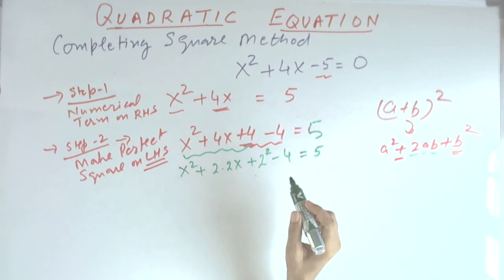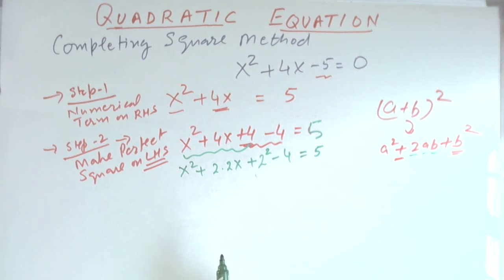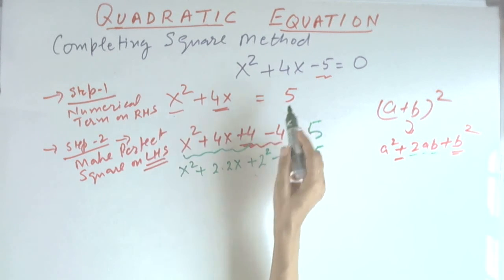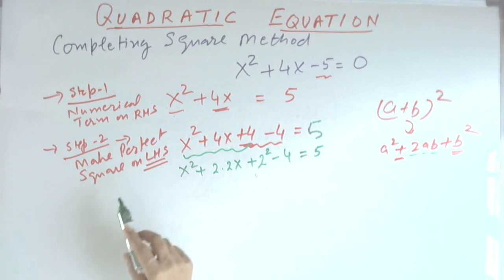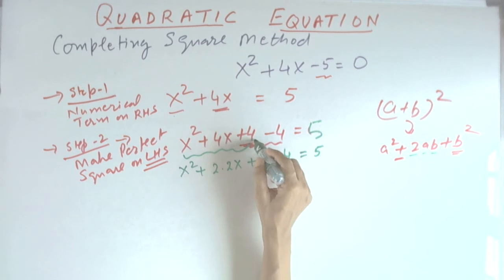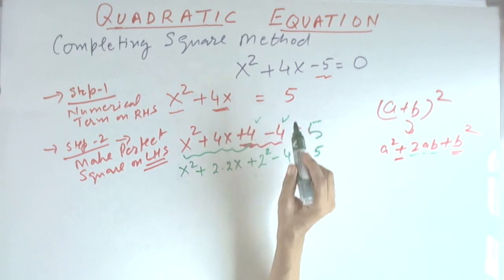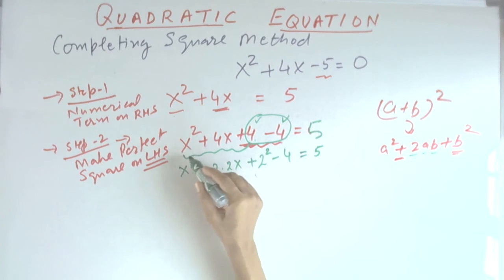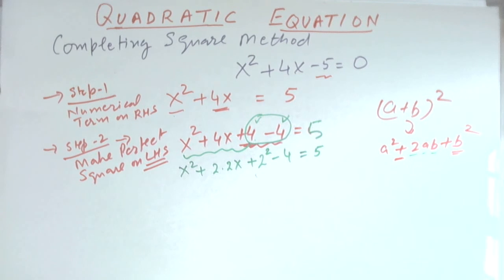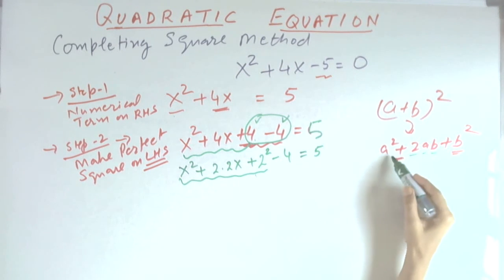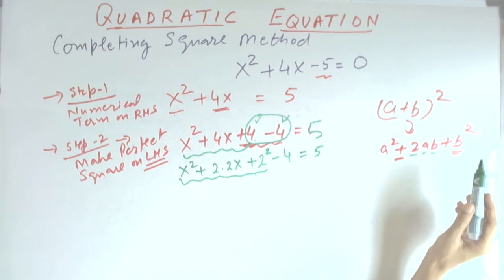So what we have done is, let's recall x square plus 4x is equal to 5. Then in step 2, when we are trying to make a perfect square, we have added 4 and we have also subtracted 4. So as such we have added only 0, and the first three terms will make a perfect square, x square plus 2x, applying the formula a square plus 2ab plus b square.